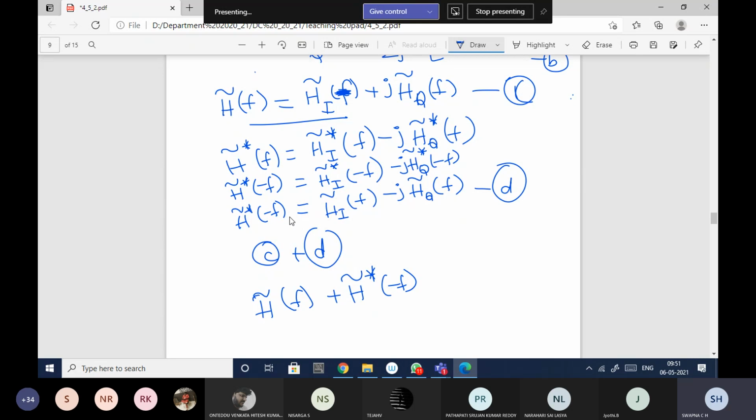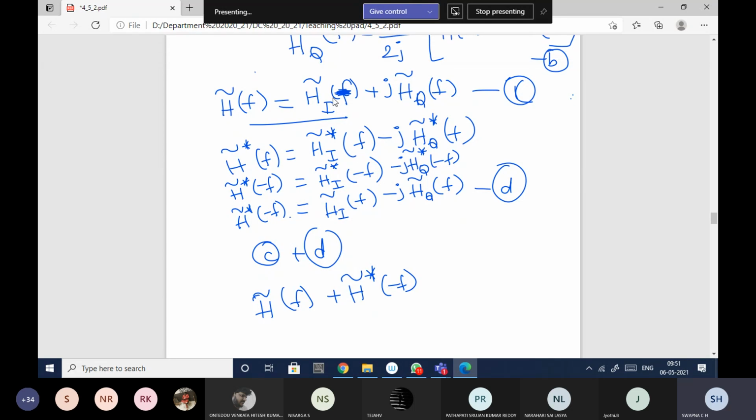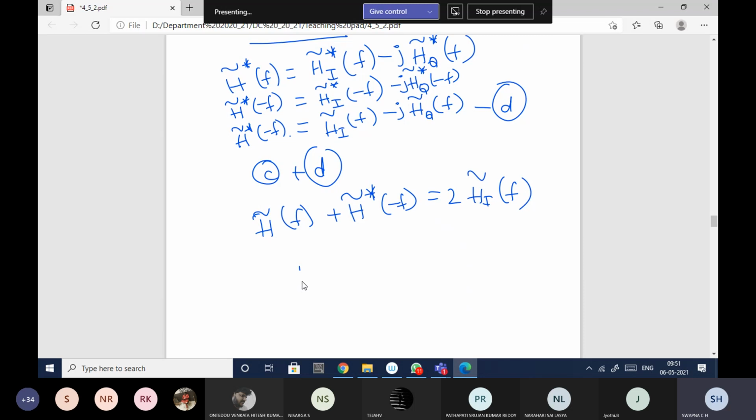These two I'm adding, this and this I'm adding. So this will be equal to the right hand side. This one and this one will get cancelled and I'll be left with only 2 times h_i tilde of f. Okay, so h_i tilde of f is nothing but half h tilde of f plus h tilde star of minus f.